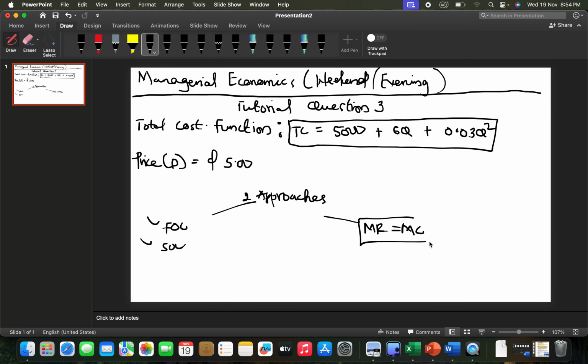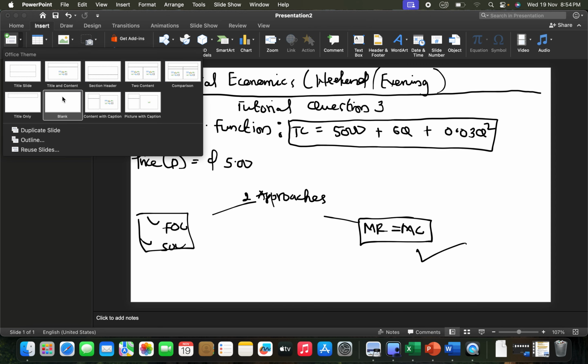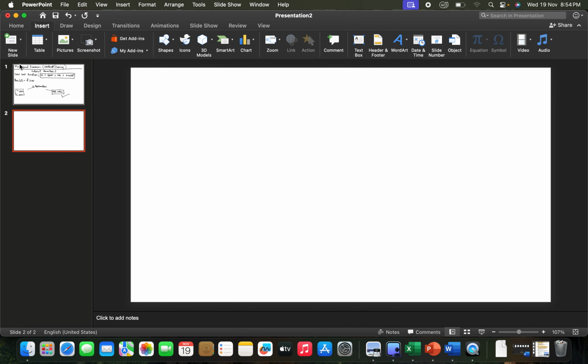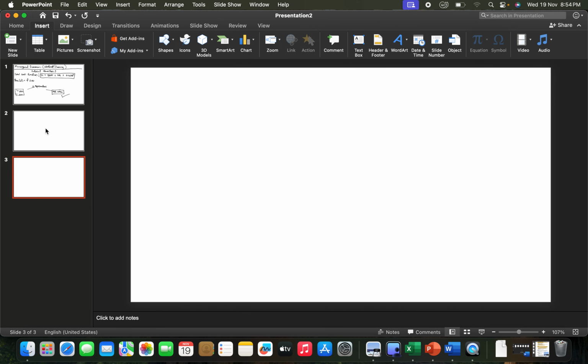It depends on the one you want to use. So I'll use this one because this one is a bit simple. Okay. So I have marginal revenue is equal to marginal cost.